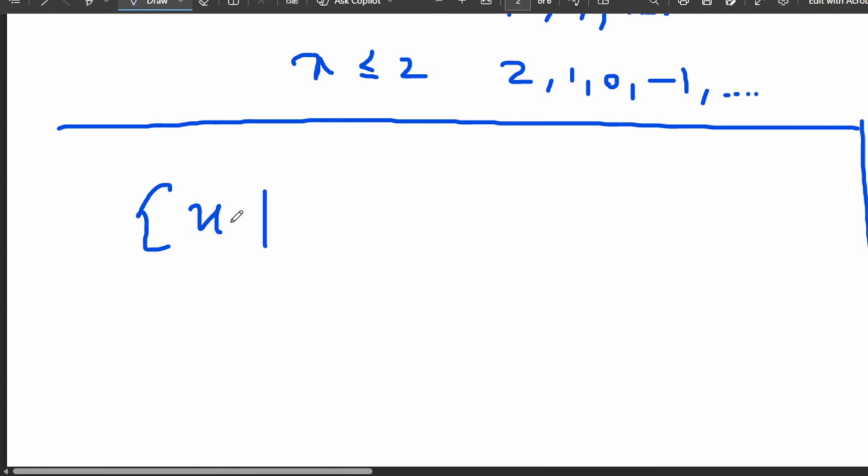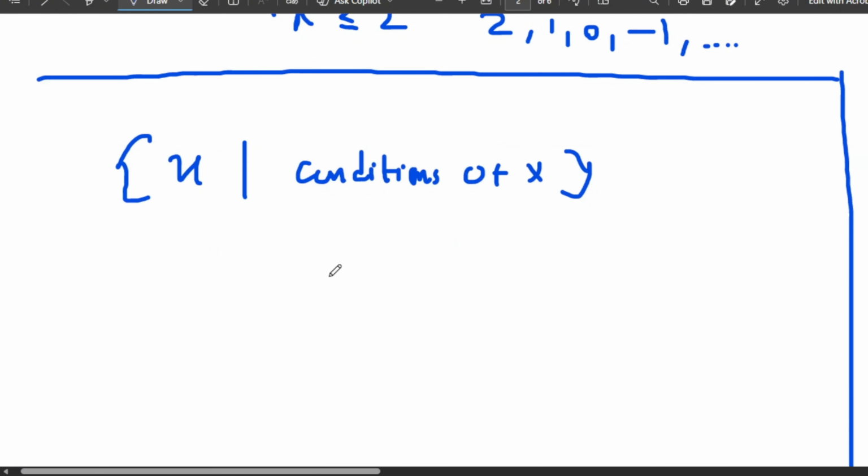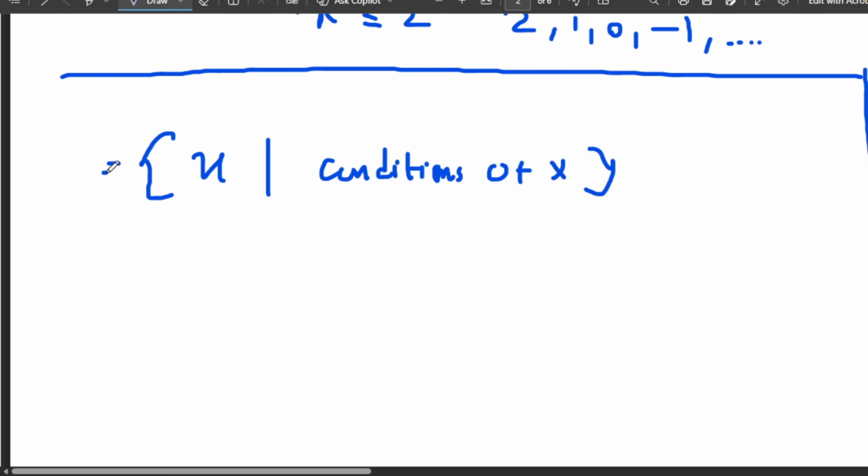So x such that the rules or the conditions of x.